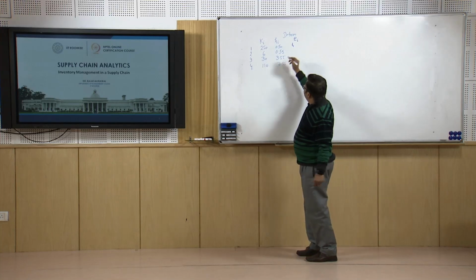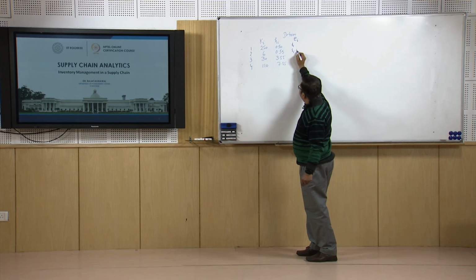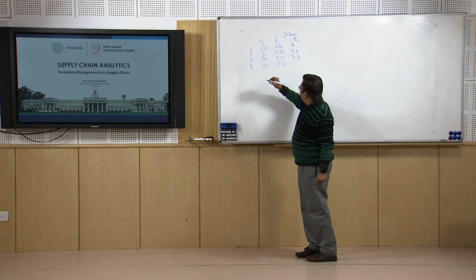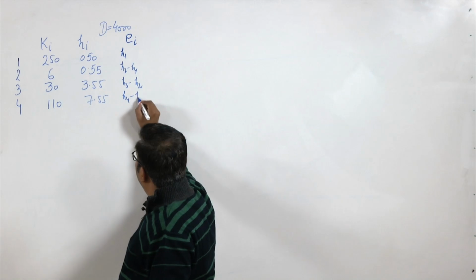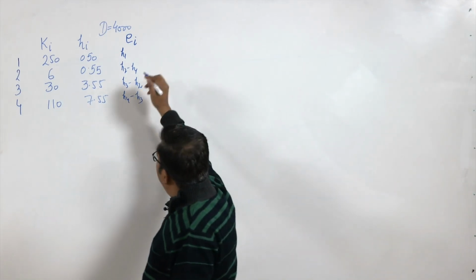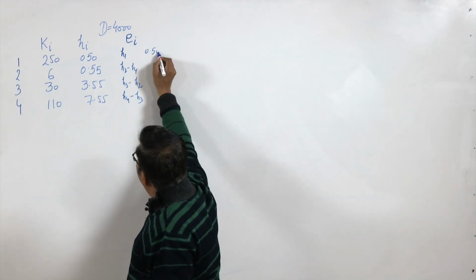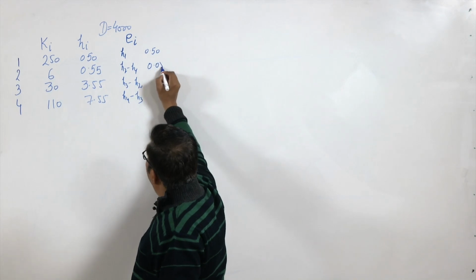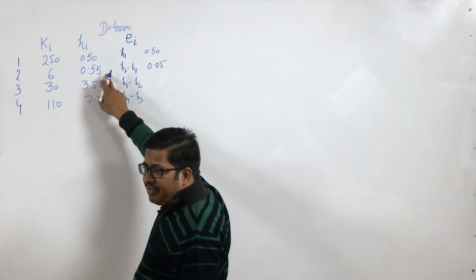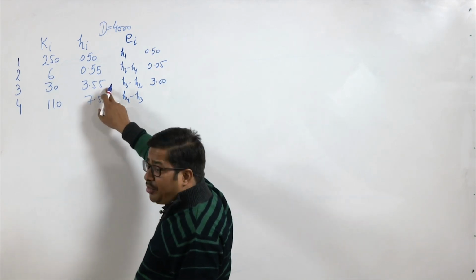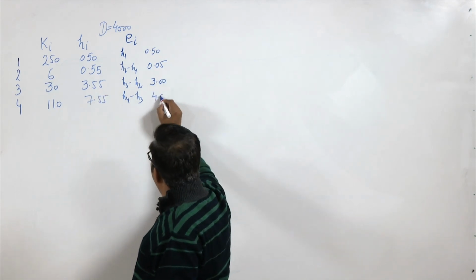For installation 2, it will be H2 minus H1. For installation 3, it will be H3 minus H2, and for installation 4, it will be H4 minus H3, and therefore the EIs will be 0.5, 0.55 minus 0.50 which is 0.05, 3.55 minus 0.55 which is 3.0, and 7.55 minus 3.55, which means 4.00.